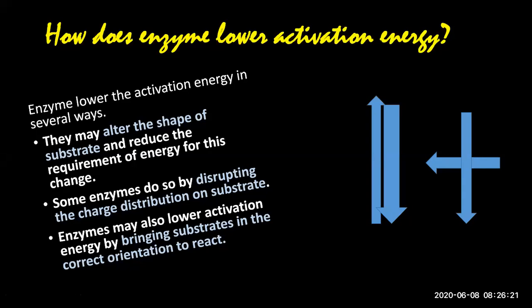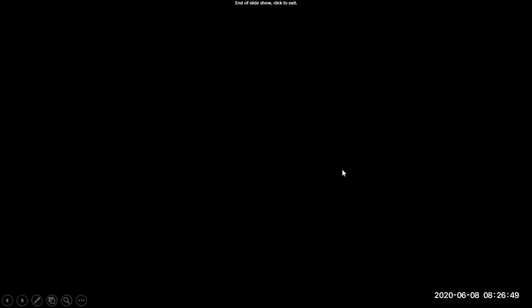Orientation means correct angle to react, best angle to react, such an angle that the substrate will quickly convert into product. Let me give you again a very easy example. For example, there are substrates, look at these two sticks. They are stuck together lengthwise. There are two sticks, two substrates, which are lengthwise attached to each other.